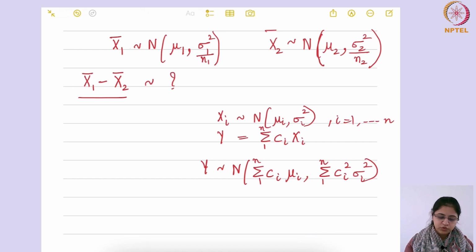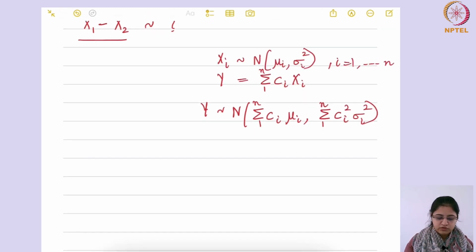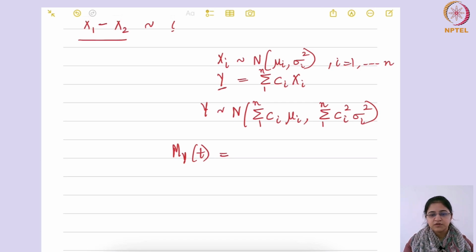this could be very easily proved through the MGF technique, because if you take the moment generating functions, we know that if I have to find the distribution of this new random variable y, then I can very well use the MGF technique over here, because we know the MGF of the normal distribution, which is e raised to the power mu t plus sigma square t square by 2.